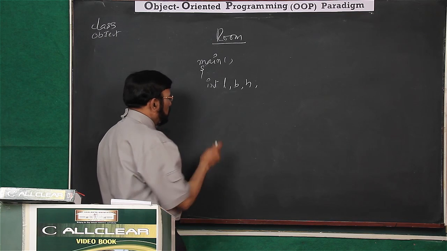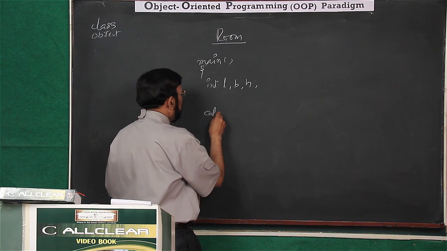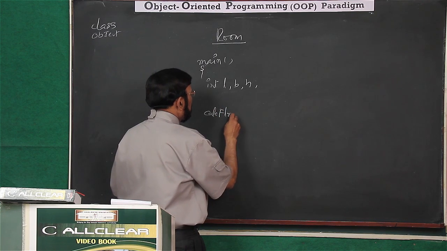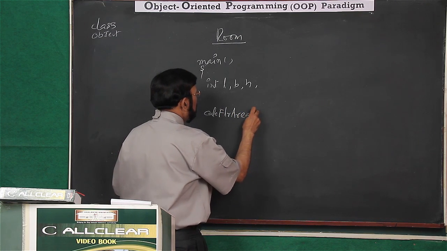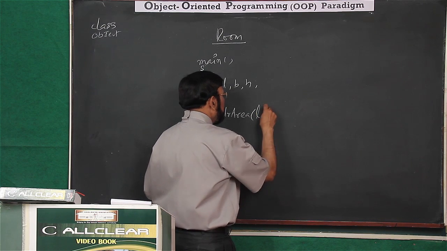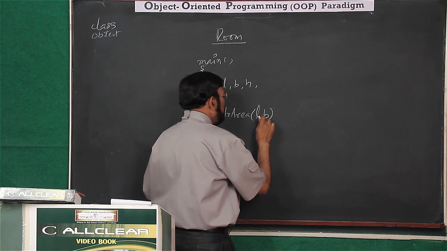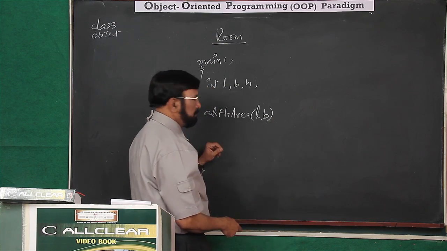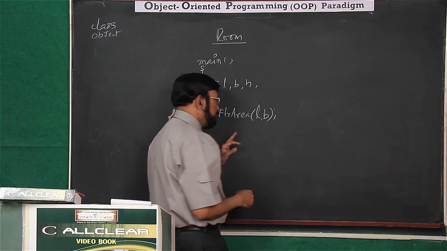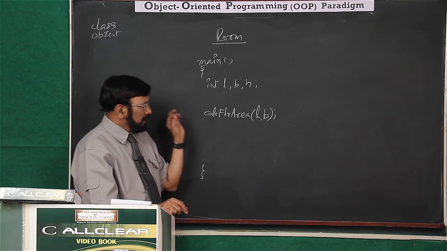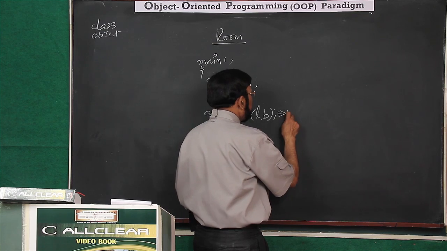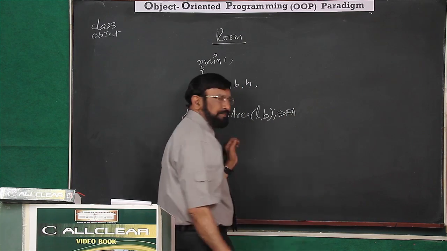Now, in the C program, you have written a function like calculate floor area. For this, explicitly you have to pass L and B. Then this function calculates the floor area and returns it.